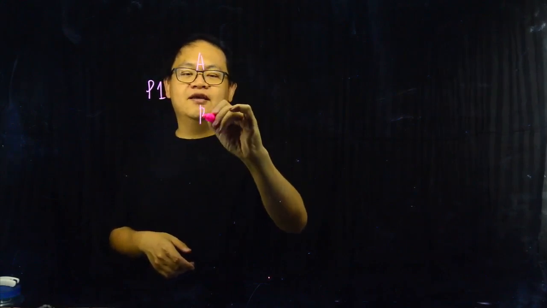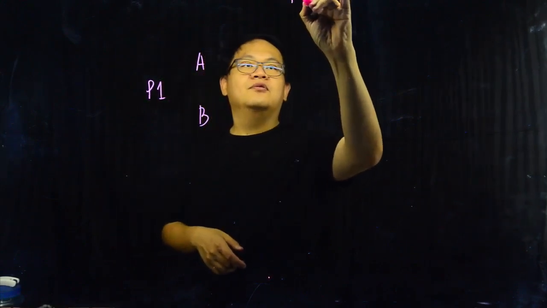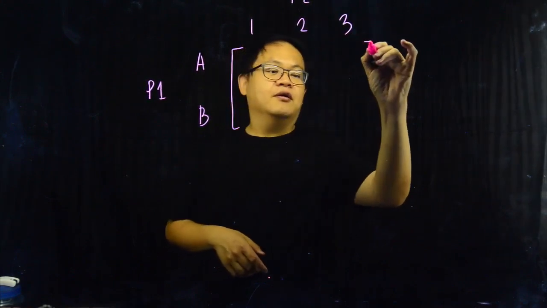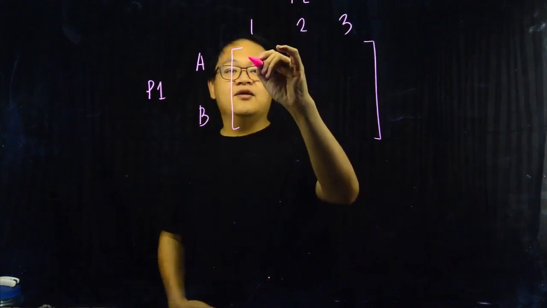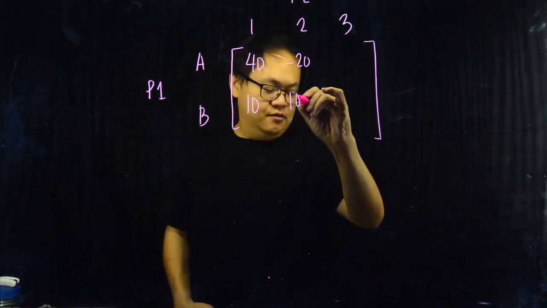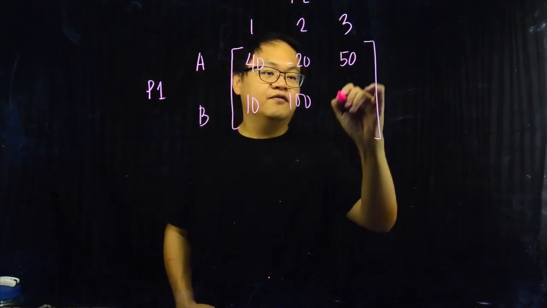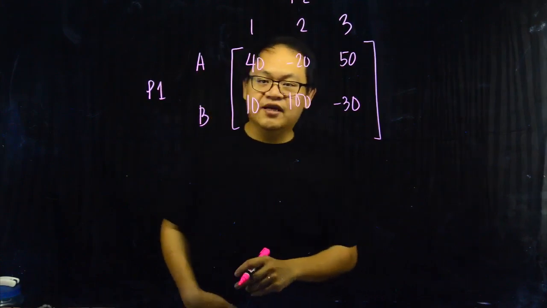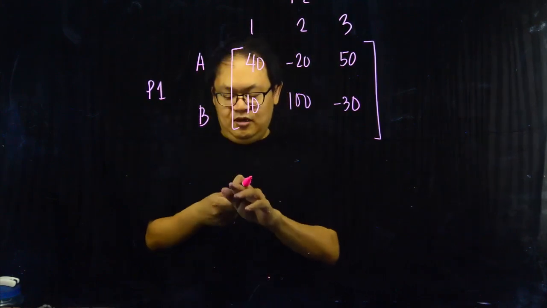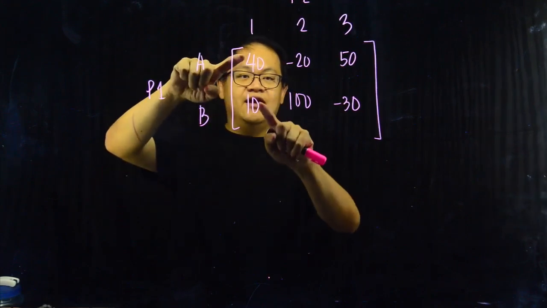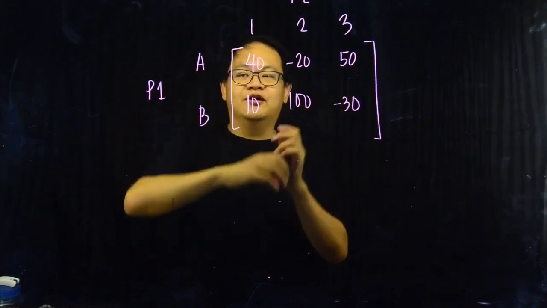Okay? So again, player 1 has 2 strategies, A and B. Player 2 has 3 strategies, 1, 2, and 3. Let's say you have the numbers 40, 10, negative 20, 100, 50, negative 30. And to use again the technique that I showed you a while ago, quickly compare strategies, every pair of strategies, higher, lower, so no more.